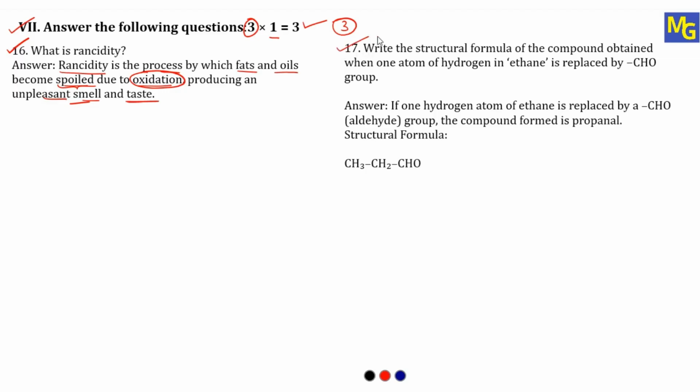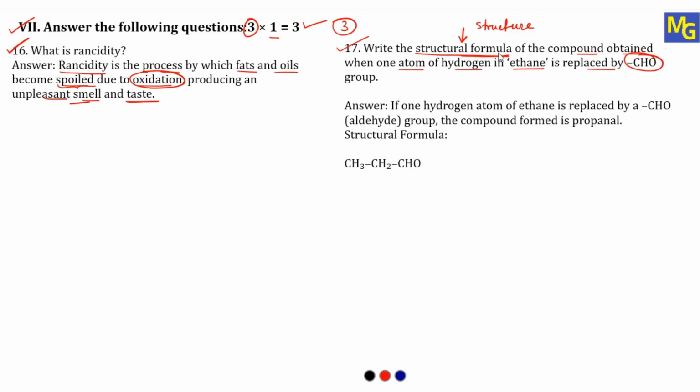Now question number 17: Write the structural formula of the compound obtained when one atom of hydrogen in ethane is replaced by CHO group. So very simple. See here, we have to write the structural formula. What do you mean by structural formula? Where we can easily understand the structure of the compound, that is called a structural formula.